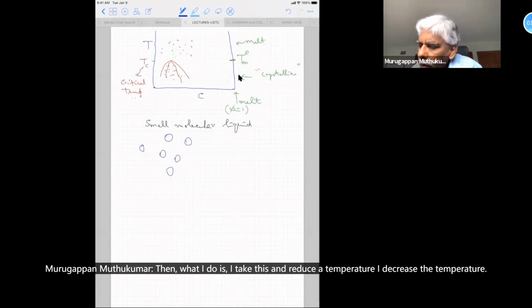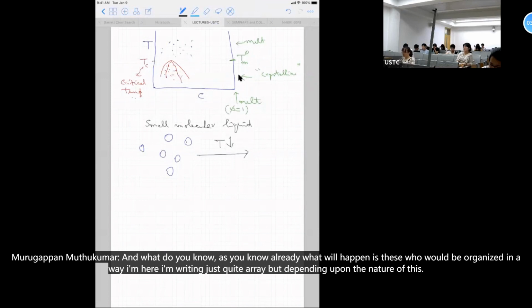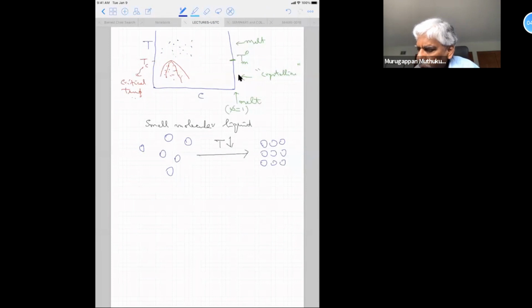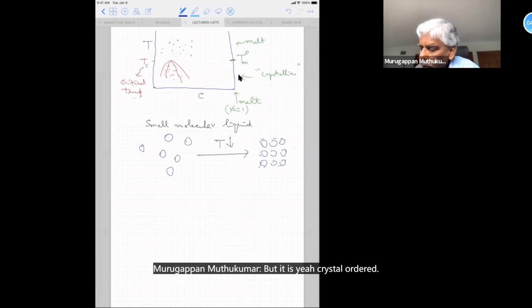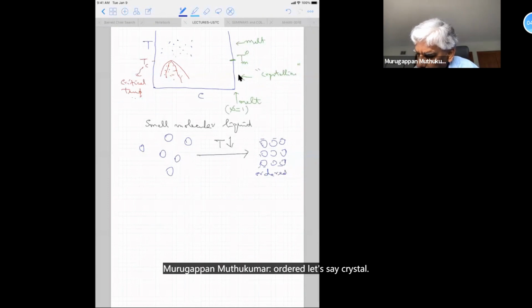Then I take this and decrease the temperature. As you know already, these would organize in a regular array. I'm writing a square array, but depending upon the nature of this, it is a crystal, ordered, and this is a disordered liquid.